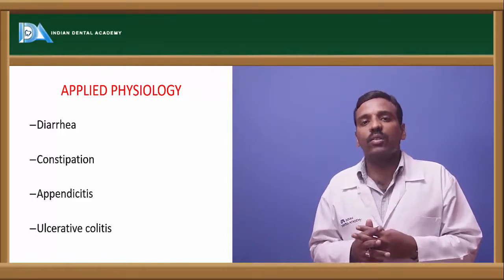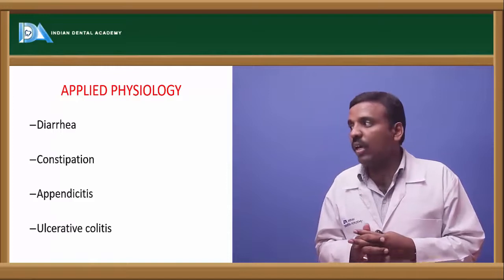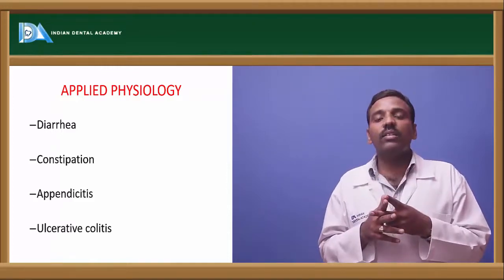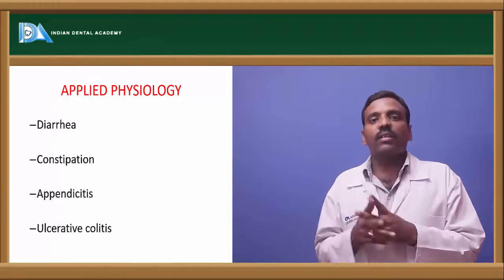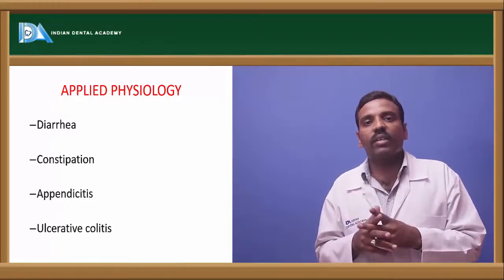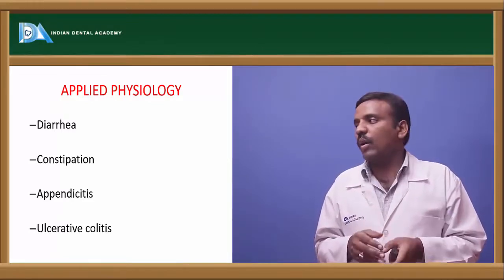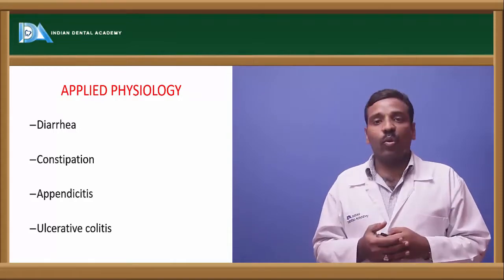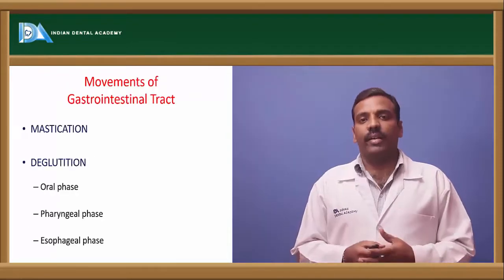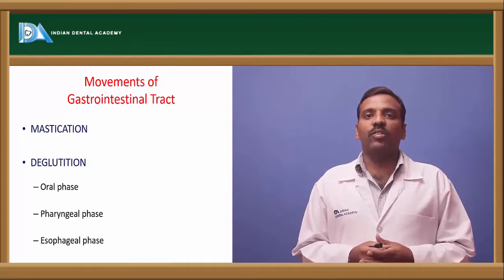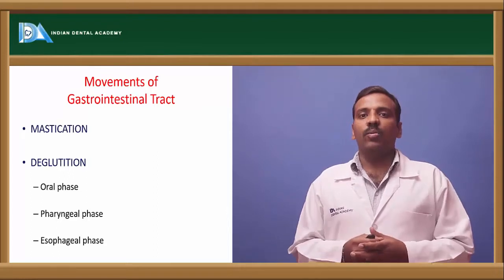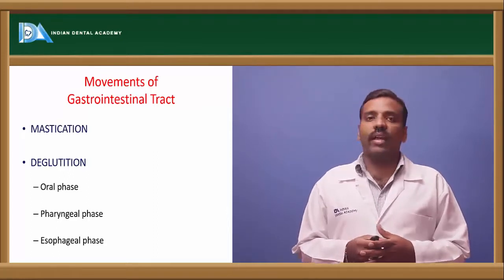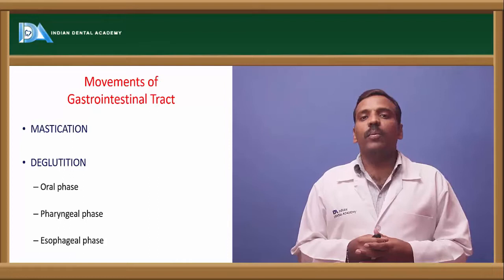This process is called appendicitis, and the treatment is appendectomy, in the sense that the appendix is cut. And next is ulcerative colitis, and next one is the movements of the GIT, or movements of the gastrointestinal tract. In the movements of the gastrointestinal tract, there are totally 11 movements present.